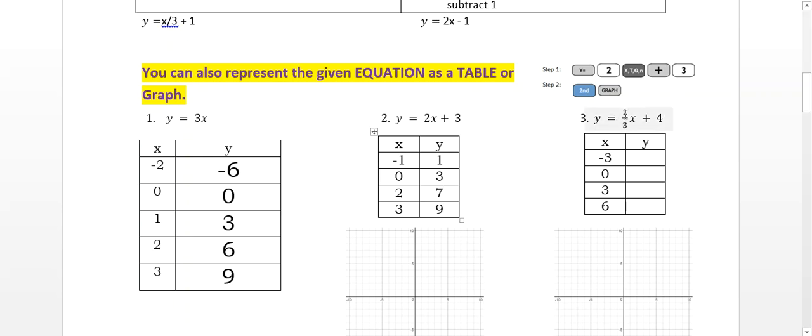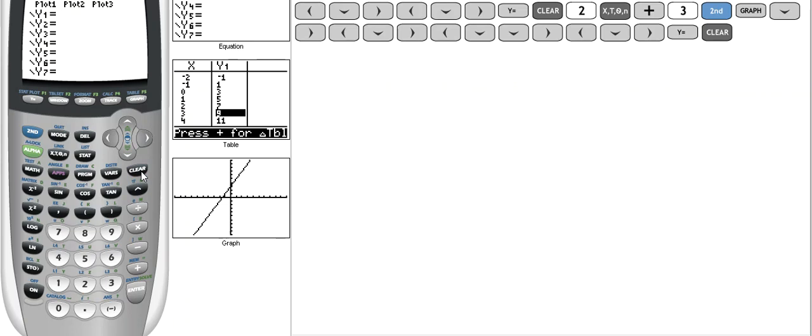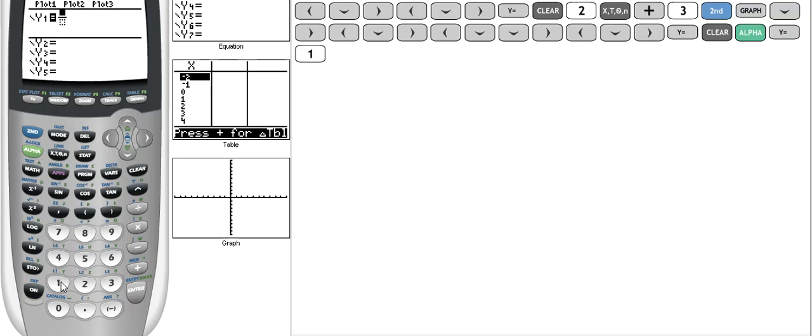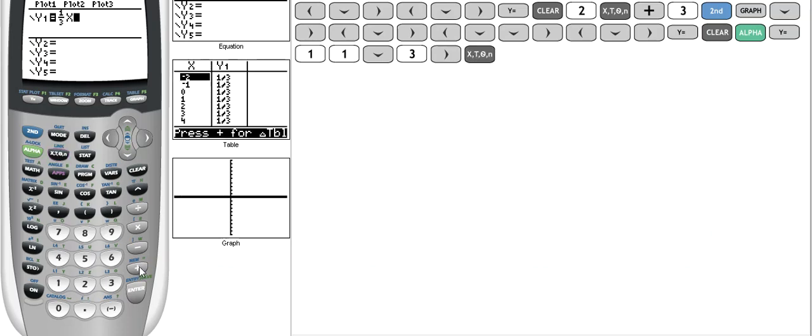Alright, so then last one. y equals 1/3 x plus 4. So we're going to go back to our calculator. Let's go into our y equals, clear it out, and then put in that equation. To get a fraction, alpha, y equals 1, and we have 1/3 x plus 4.